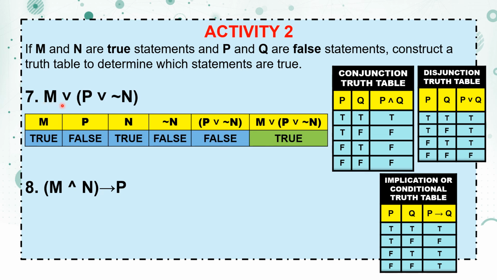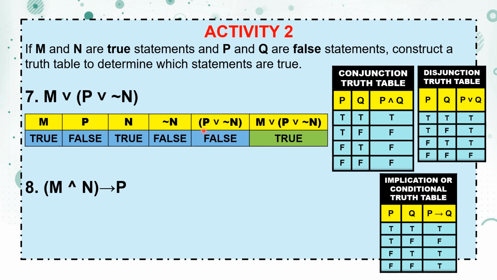Next, let's get the whole, M or (P or not N). Our M is true. Since this is "or," we will use the disjunction truth table again. Since our M is true, either of the two, true, true.